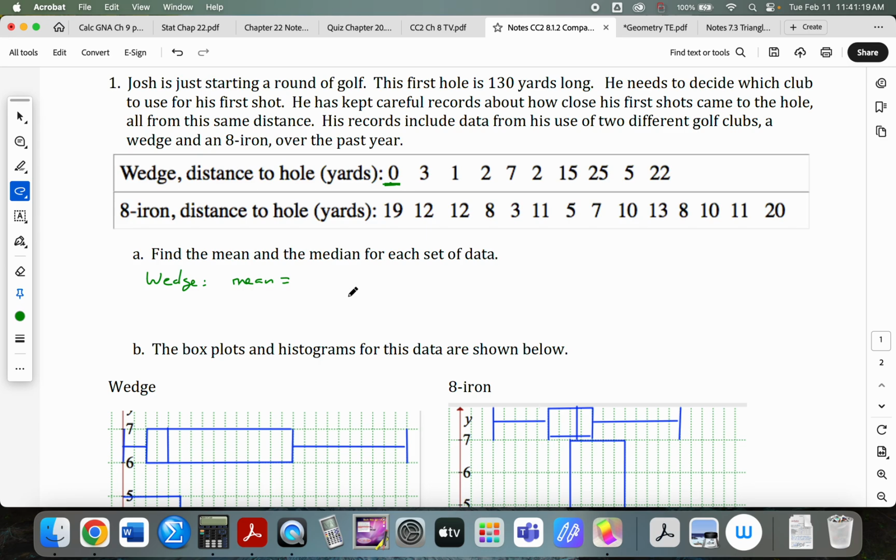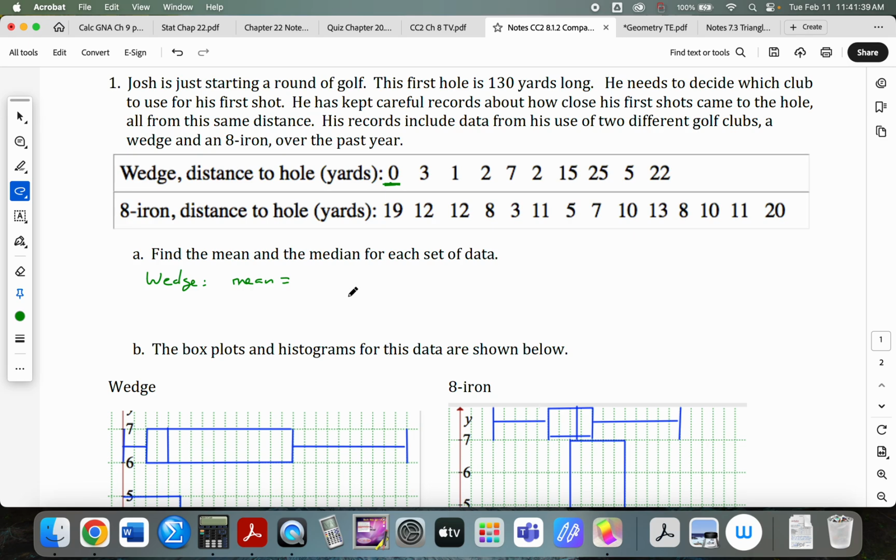It's the first thing they ask you to do. Christian, 8.2? 8.2, but I'm doubting myself.